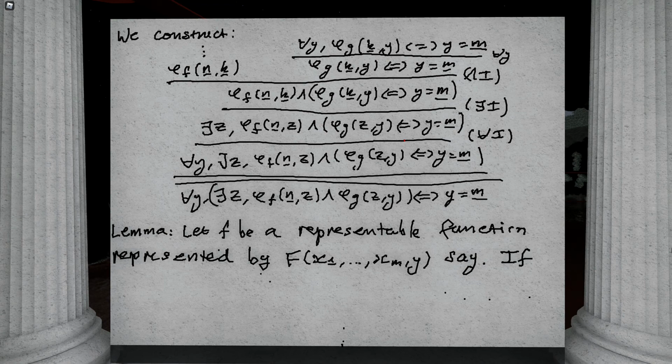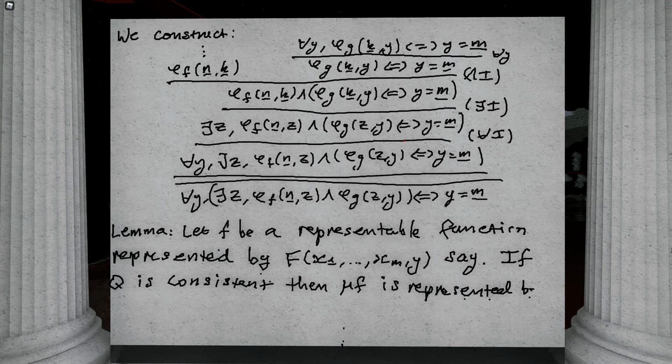Okay, and you actually do a meta proof by induction on this one. So I need a further assumption that Q is consistent. So I'm going to say, if Q is consistent, then the minimization of F is represented by the following.